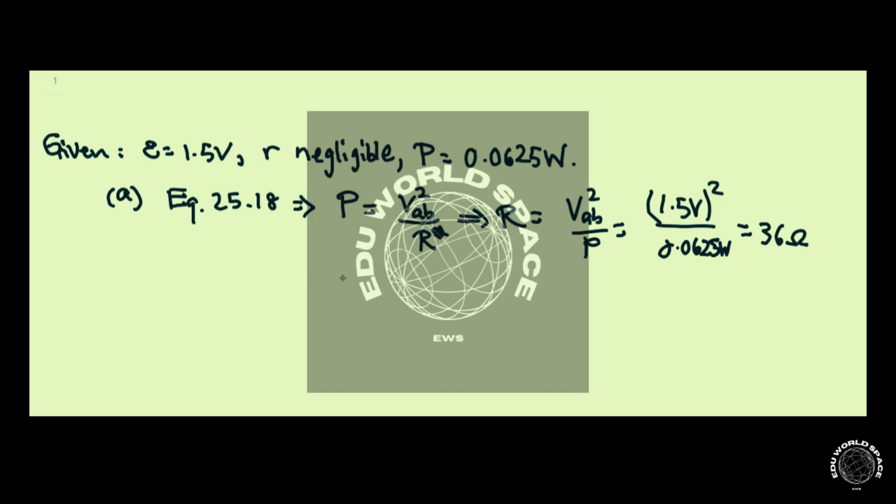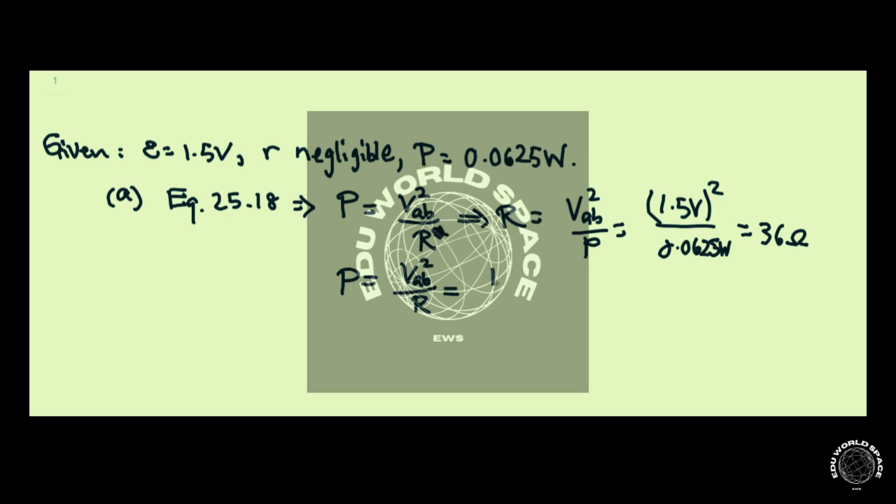Okay, so now we have the resistance. So using the very same equation, we want to find the power dissipated, but this time we know VAB. So this is for the new battery, the 12.6 volt battery, and we now know the resistance.